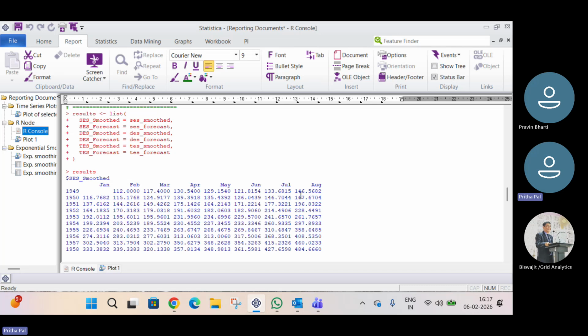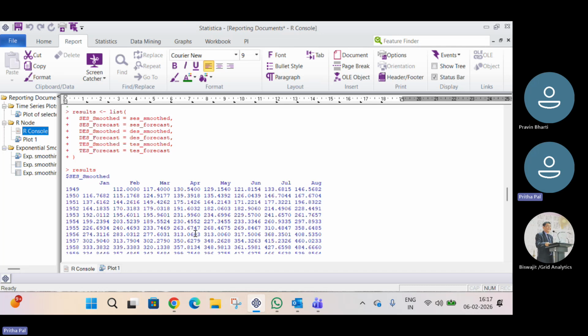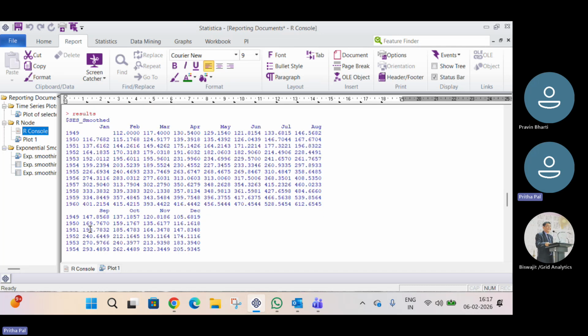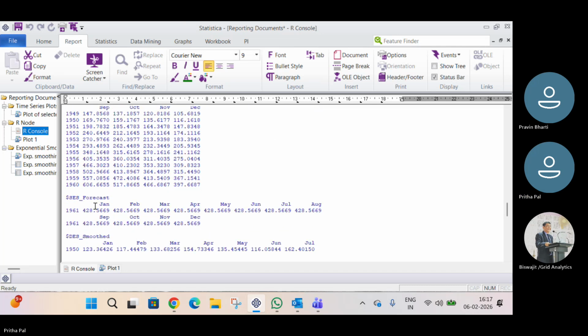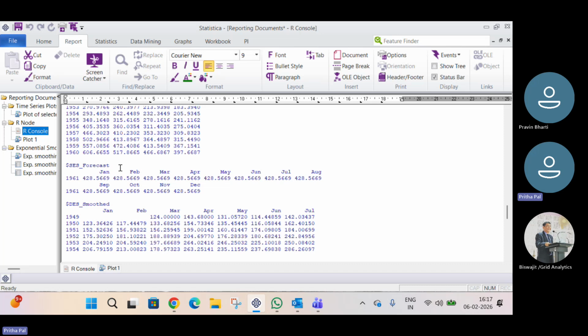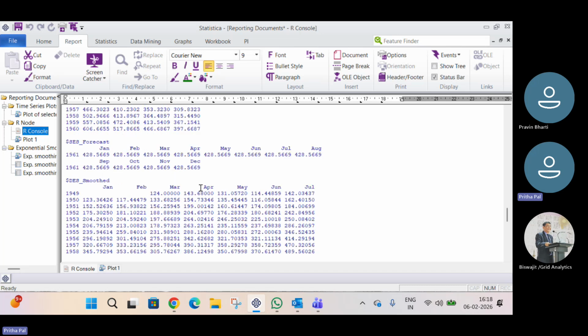These are the forecasted values of the simple exponential smoothing from 1961, that is from January, February and up to December.